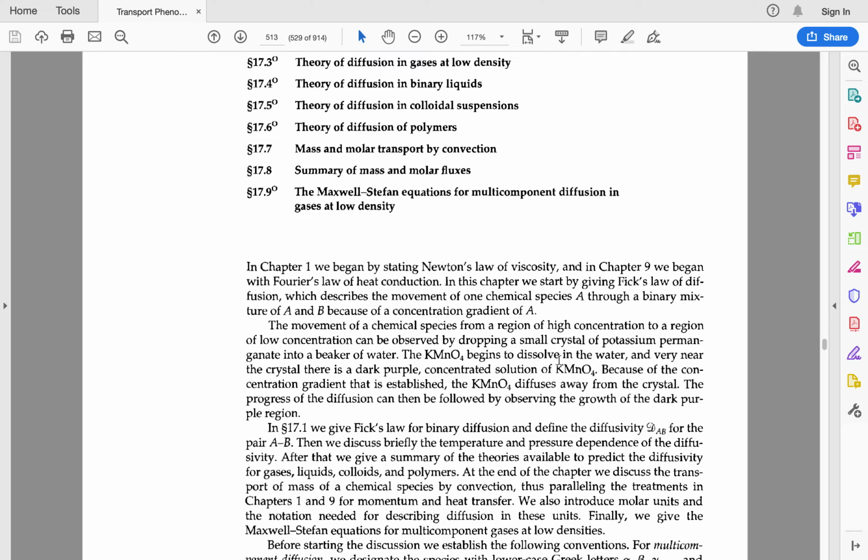But over time, because of the concentration gradient, the potassium permanganate will diffuse away from the crystal, and later on the water will change from clear into a slightly purple region.